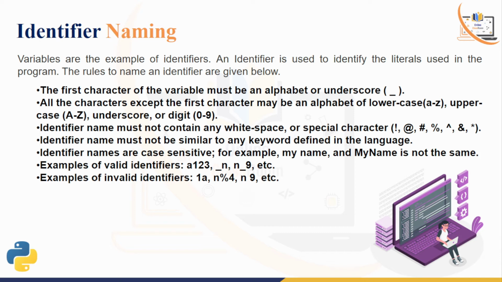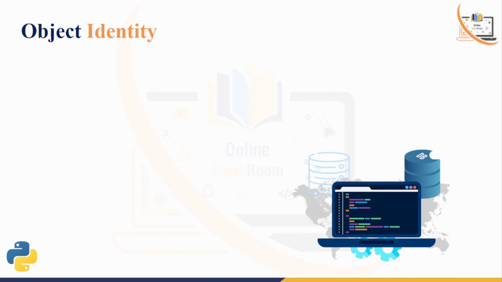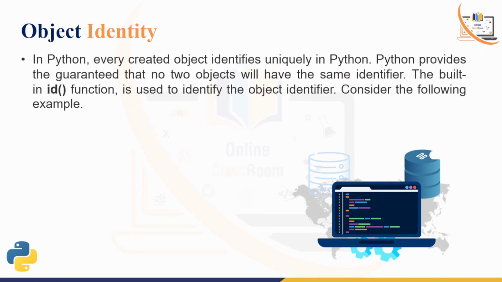Now the next one is object identity. It is a very important thing in Python. In Python, every created object's identifier is unique. Python provides the guarantee that no two objects will have the same identifier. The built-in id function is used to get the object identifier.